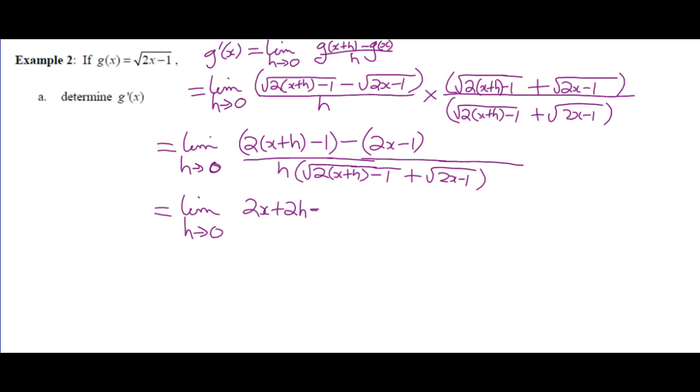Where am I getting 2 from? I want to multiply everything by 2, not just these guys. Minus 1 minus 2x plus 1 over h times, and then 2x plus h minus 1, extend the square root sign, plus root 2x minus 1.